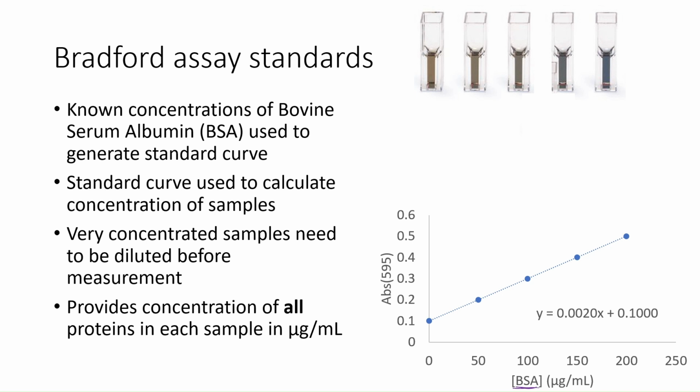Then we measure the increase in the blue color on the y-axis, which is the absorbance at 595 nanometers. And within the range of the standards, this gives you a pretty linear standard curve. And so then let's look at how you might use this to measure a protein.